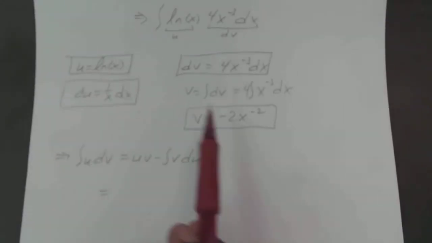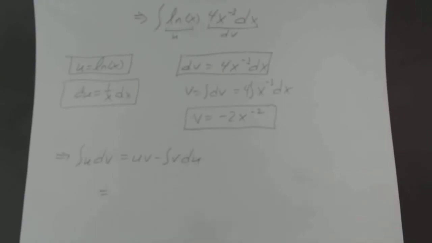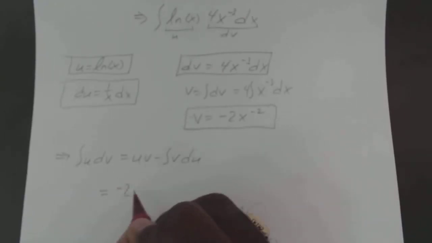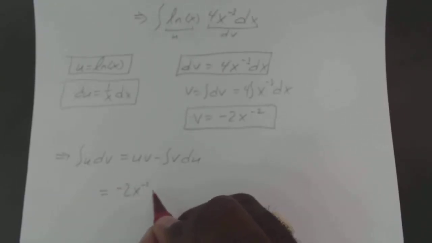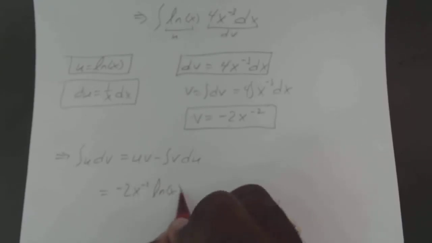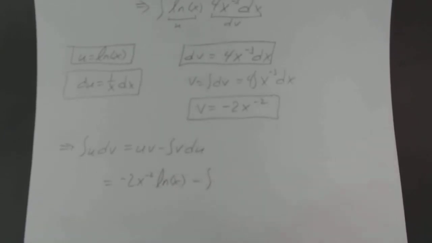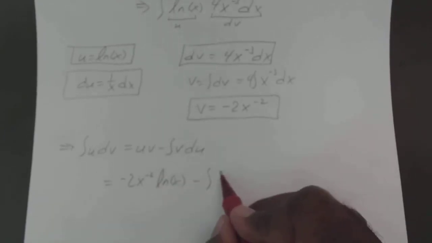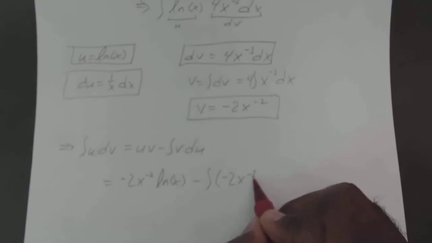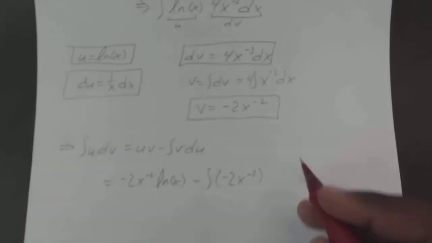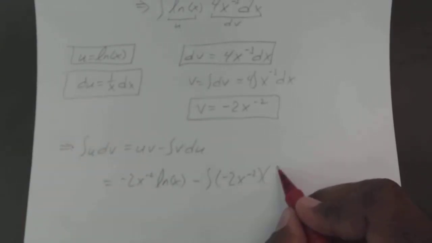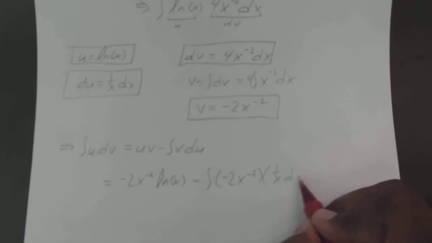Okay, so our uv is natural log of x and negative 2x to the negative 2, negative 2x to the negative 2 natural log of x, minus the integral of v, which is negative 2x to the negative 2, du, which is 1 over x dx.